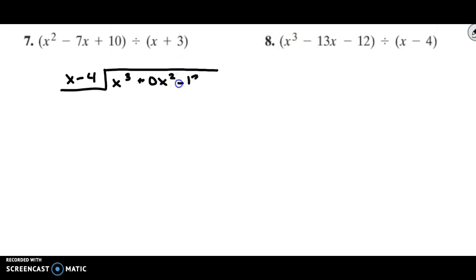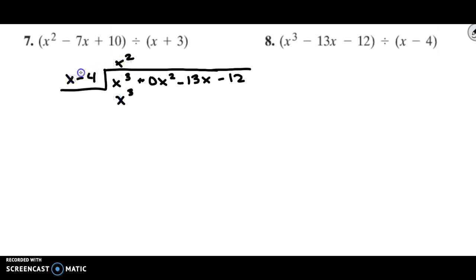Then I have minus 13x, and then minus 12. In order to divide, I need to do something to this x to make it match x cubed. I completely ignore the negative 4 for the moment. So if I multiply x by x squared, then that would match the x cubed. So I'm going to multiply this by x squared, giving me x cubed.